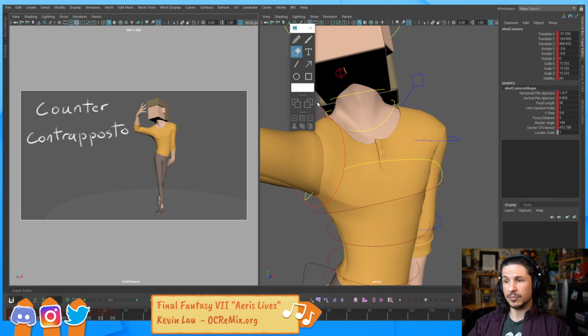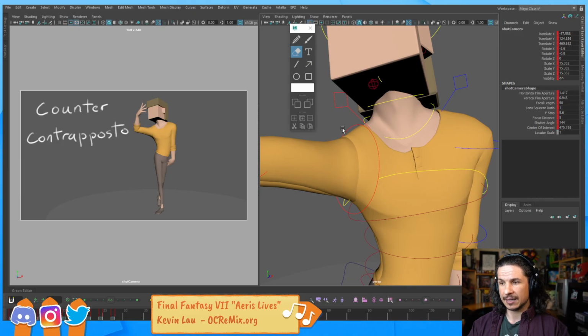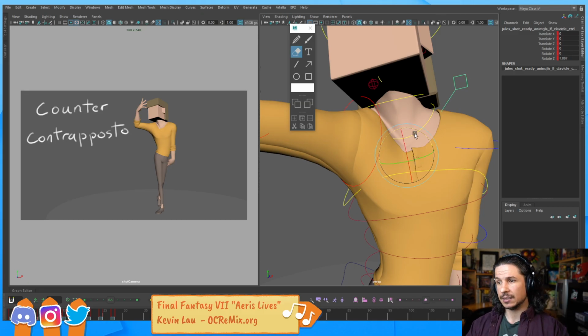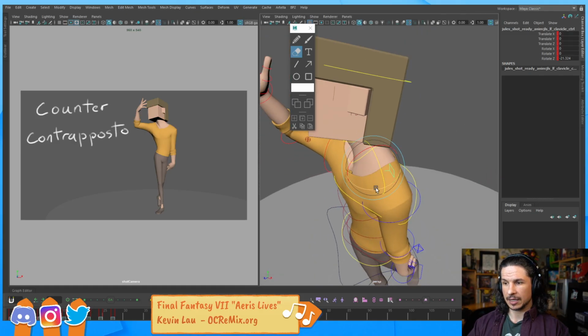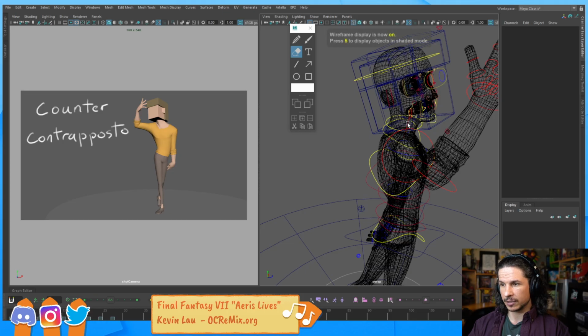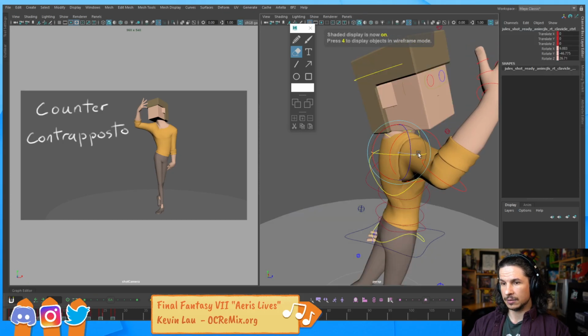One arm is raised up, which means that clavicle should come up here, like so. The other one, if I want to relax it, should come down, like so. And maybe even move it back a little bit and then move the other one just a little bit more forward, like that.